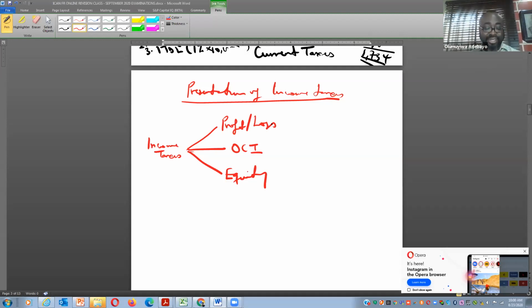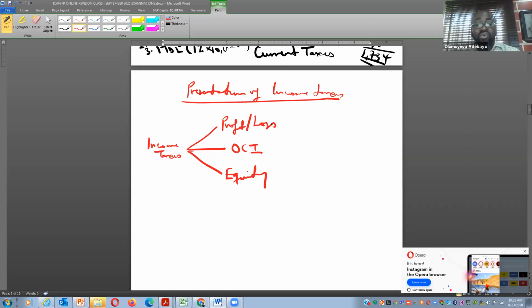The tax consequence of those transactions should also be reported in the appropriate section where those transactions were reported. Which then means that for every tax incident on items reported in profit or loss, the tax must also be reported in profit or loss.